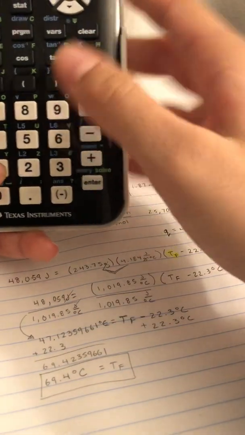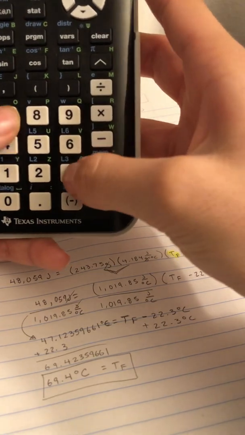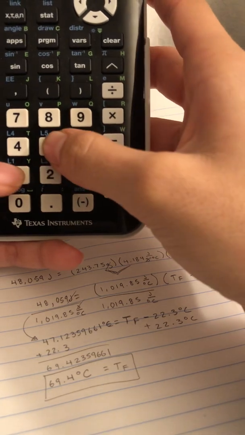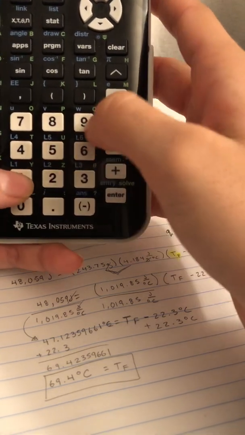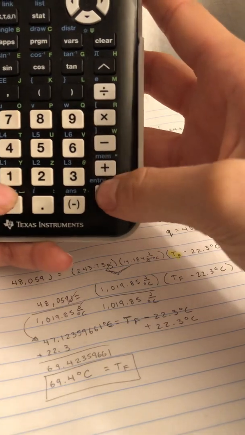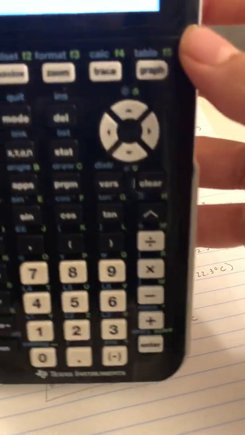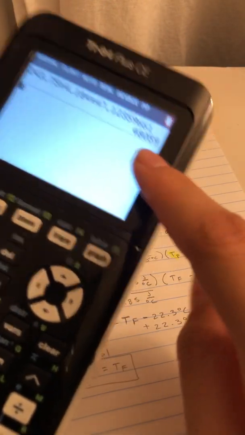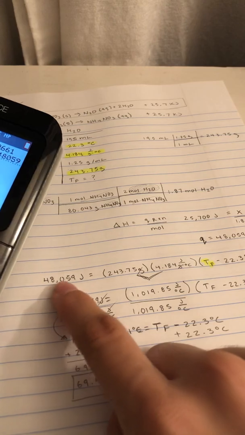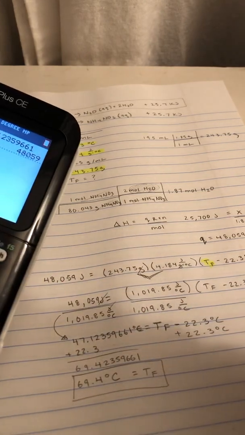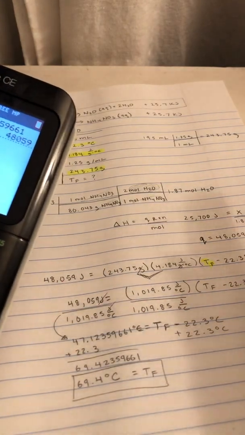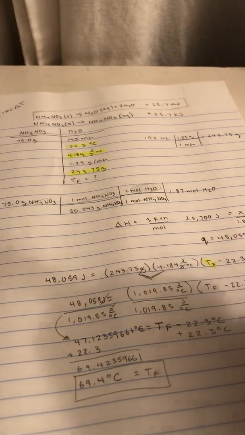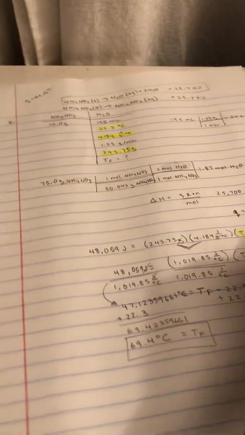I'll just type that in so we get the exact number. 47.12359661 equal, perfect, and you have it right here. 48,059 and 48,059. So we know that we got the correct TF value for the joules that we have, and that is what I got for question number 2.